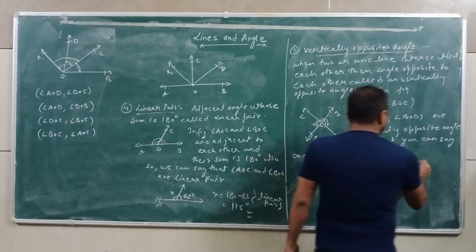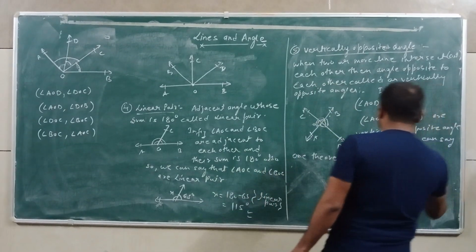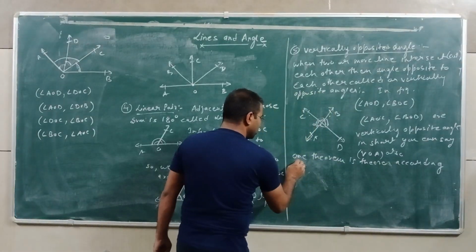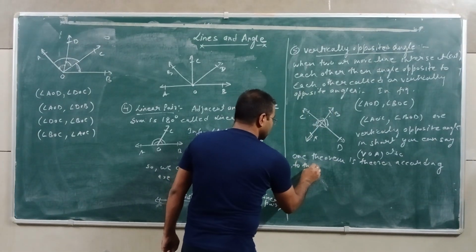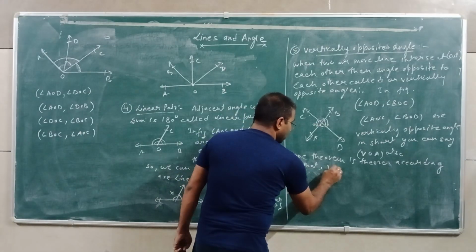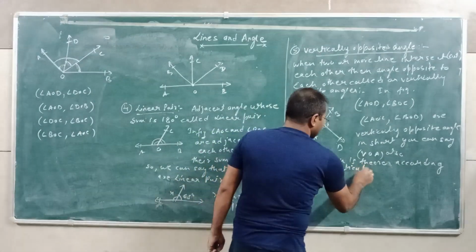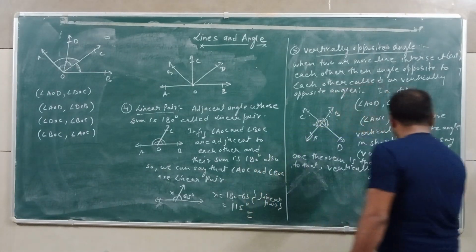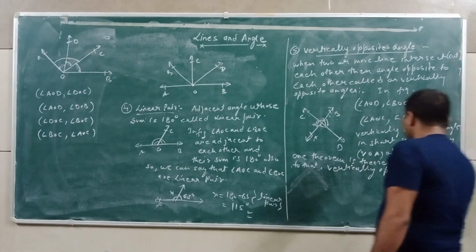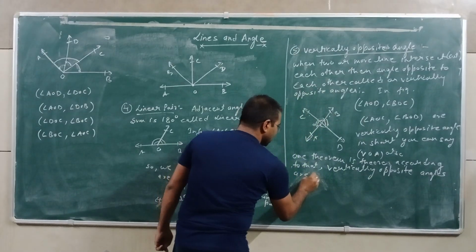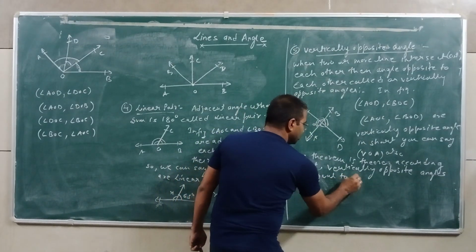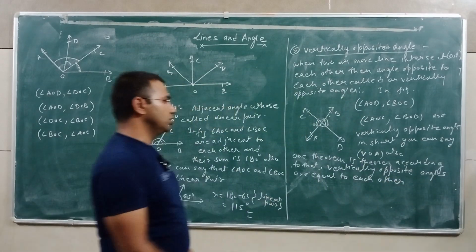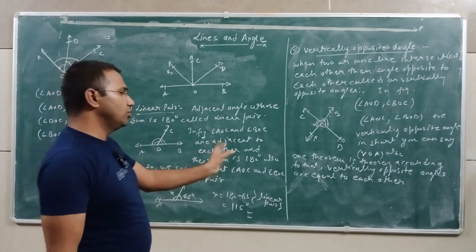According to that theorem, vertically opposite angles are equal to each other.